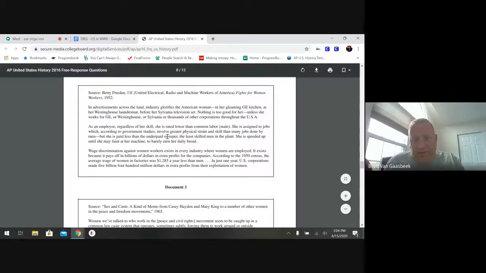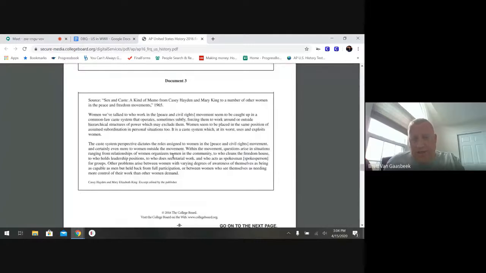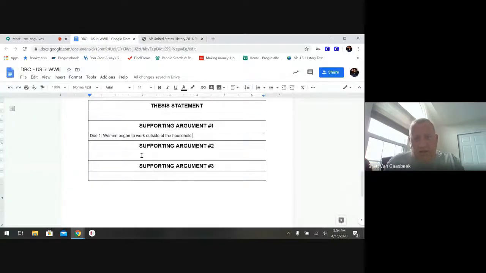You can talk about how much money they're making. You can talk about the hierarchical system here. But here I might say documents 2 and 3 show women working outside the home caused economic issues and social changes.